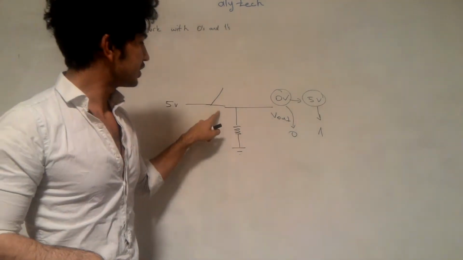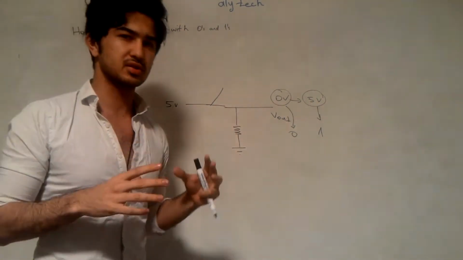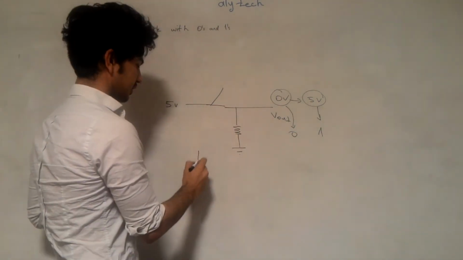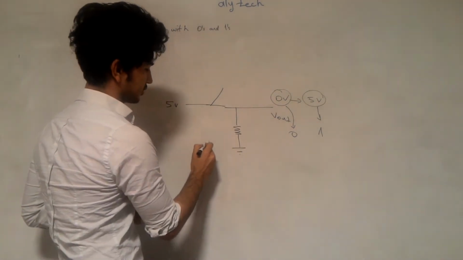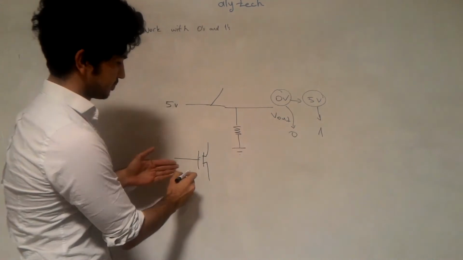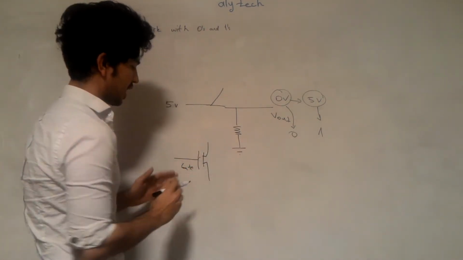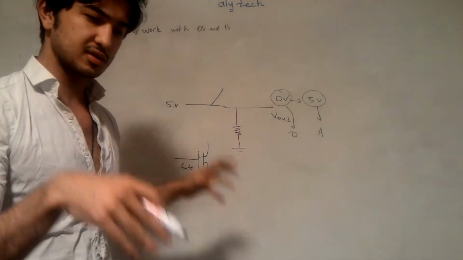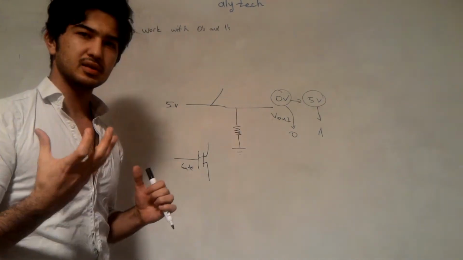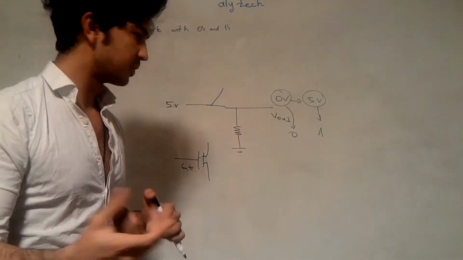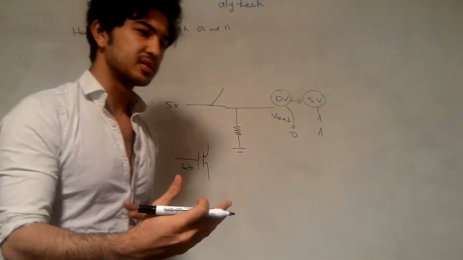Of course, in computers we don't make this connection with hands. We make this connection with transistors. We do this with MOSFET transistors. You don't have to know about this, it's basic electronics, but I want to give you a little information so that you can understand what is going on behind the scenes.